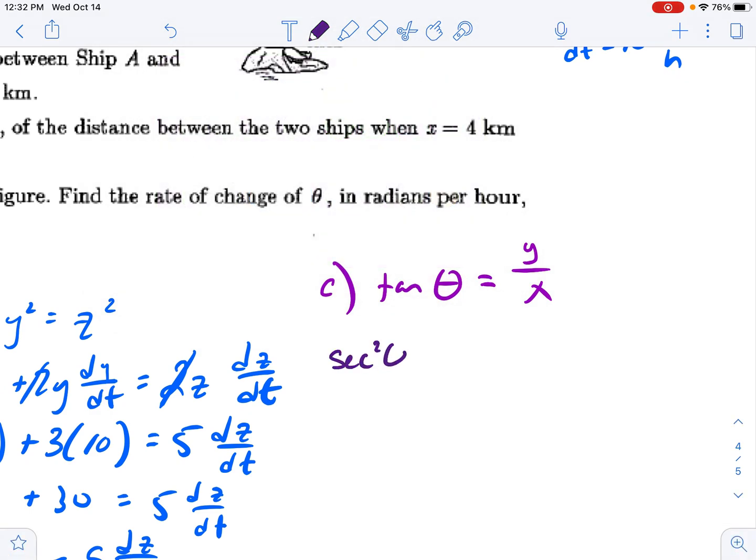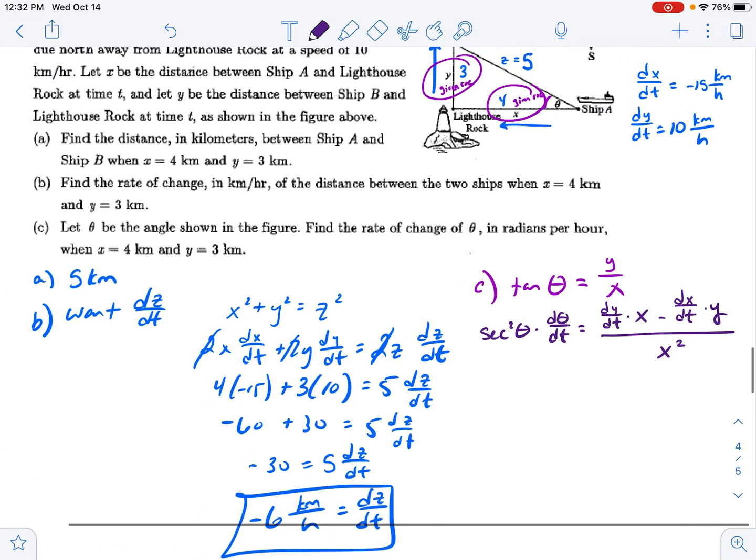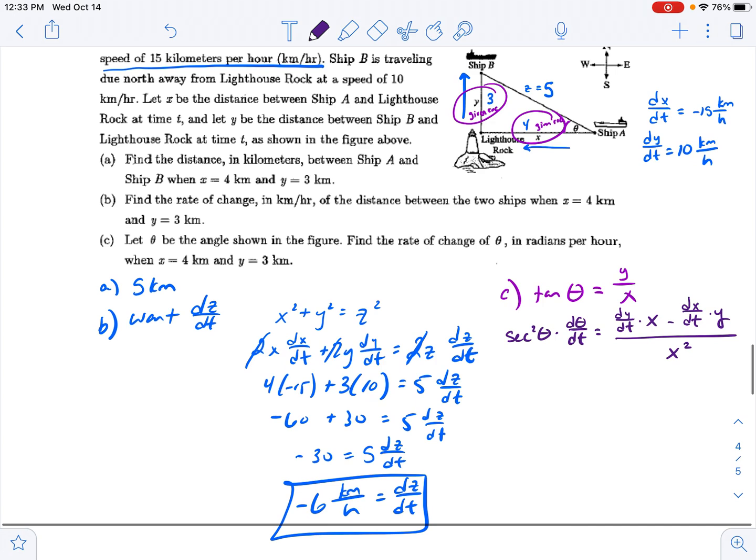So going through, the derivative of tan theta will be secant squared theta times d theta/dt. On the right-hand side, the derivative of the top will be dy/dt times the bottom, minus the derivative of the bottom, dx/dt times the top, over bottom squared.